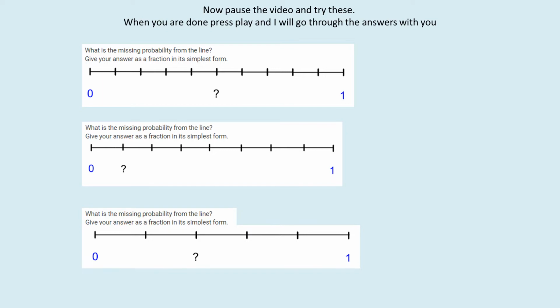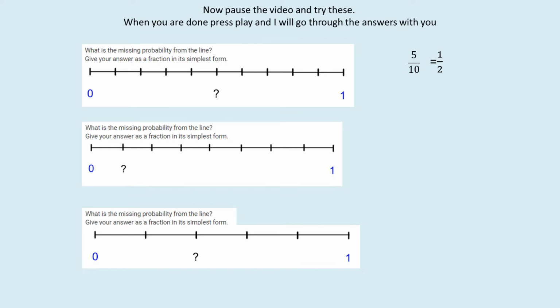Okay, so having a look at the first one, if you count the spaces, there's 10 spaces and 5 spaces to get to the question mark, so that's 5 out of 10. We can simplify that to a half, because 5 out of 10 is a half.